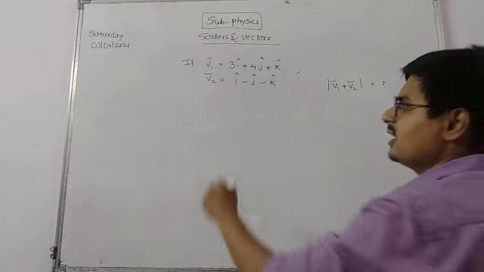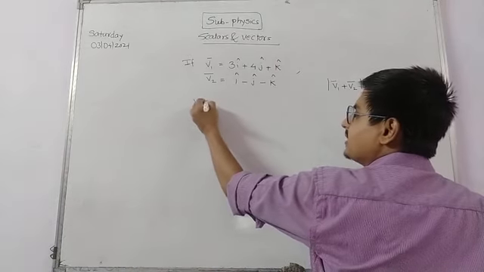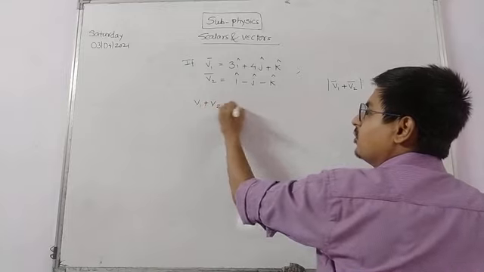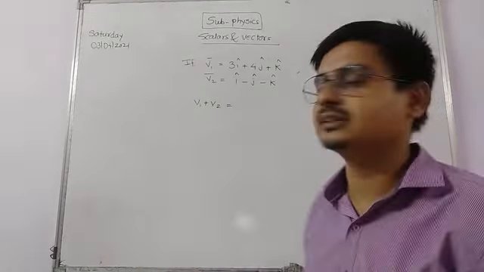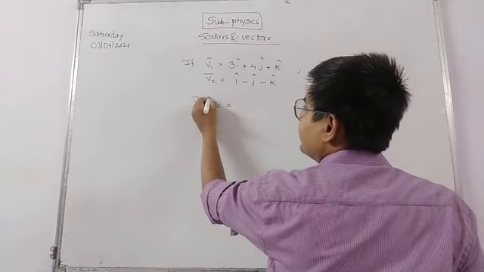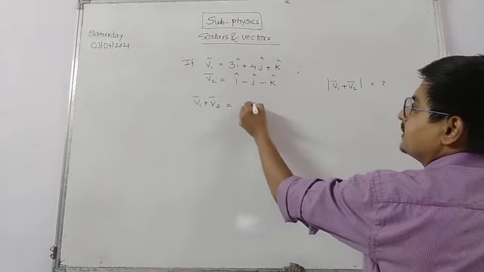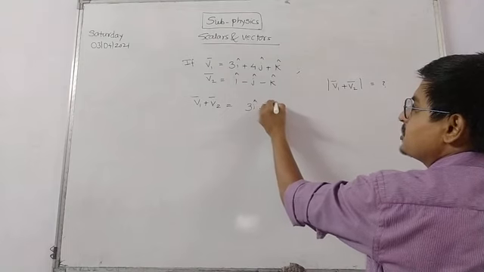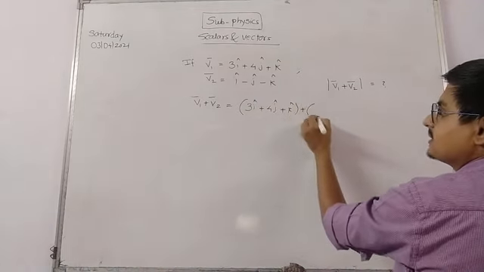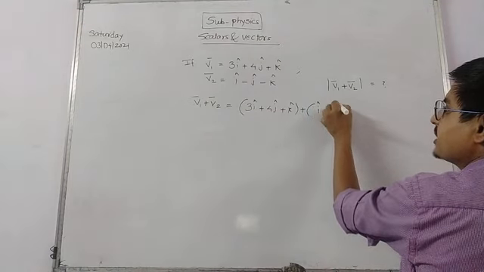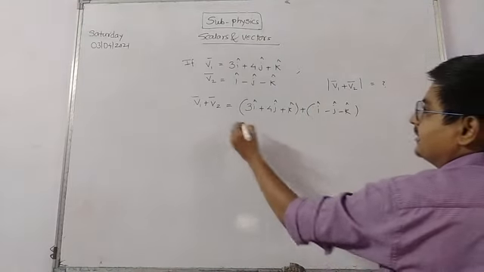Now addition is simply algebraic addition of normal values. Just as we add 5 plus 3 to get 8, similarly we have to add the vectors. So V1 bar plus V2 bar will be 3i bar plus 4j bar plus k bar plus i bar minus j bar minus k bar, like this.